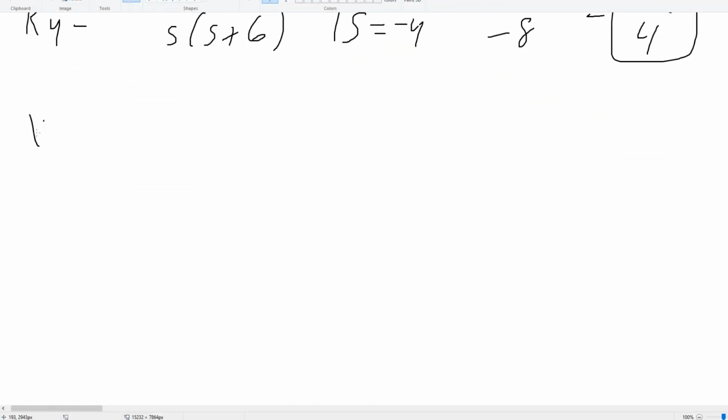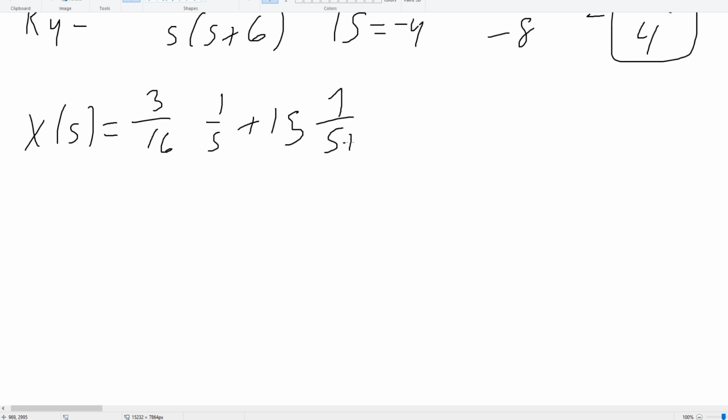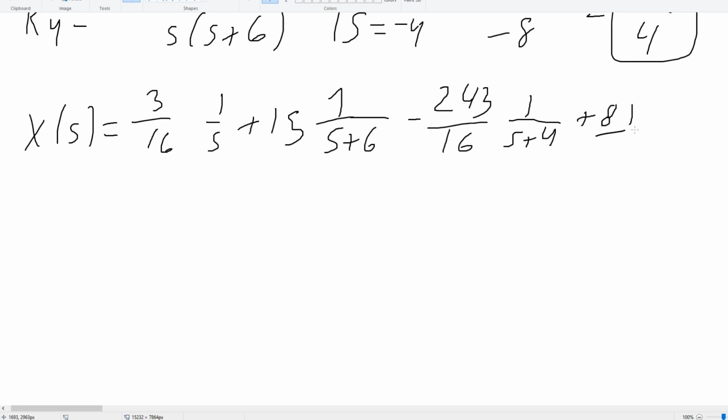You're going to get X of s is equal to 3 over 16 times 1 over s, plus 15 over 16 times 1 over s plus 6, minus 243 over 16 times 1 over s plus 4, plus 81 divided by 4 times 1 over s plus 4 squared. Okay?